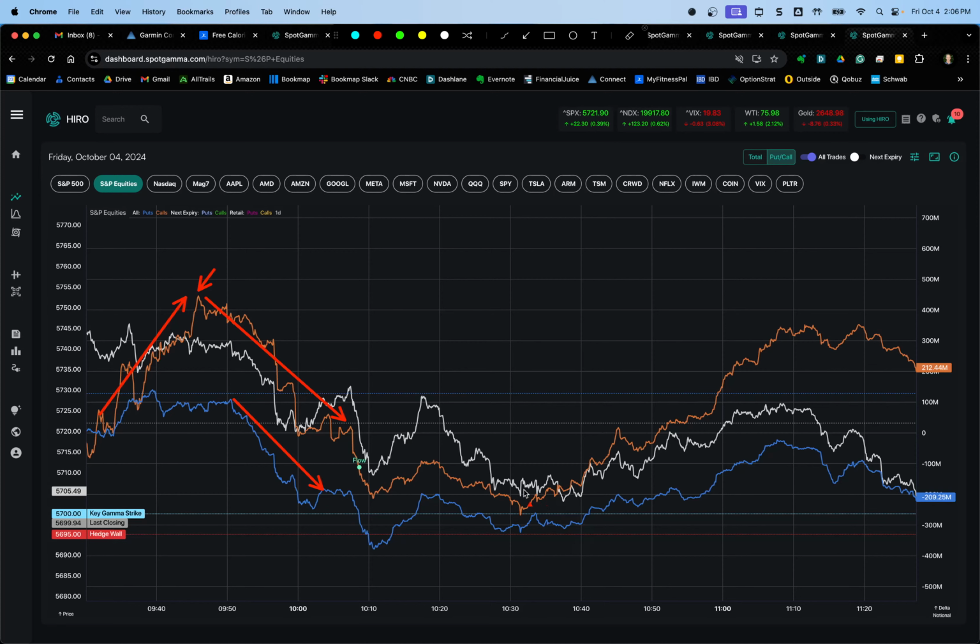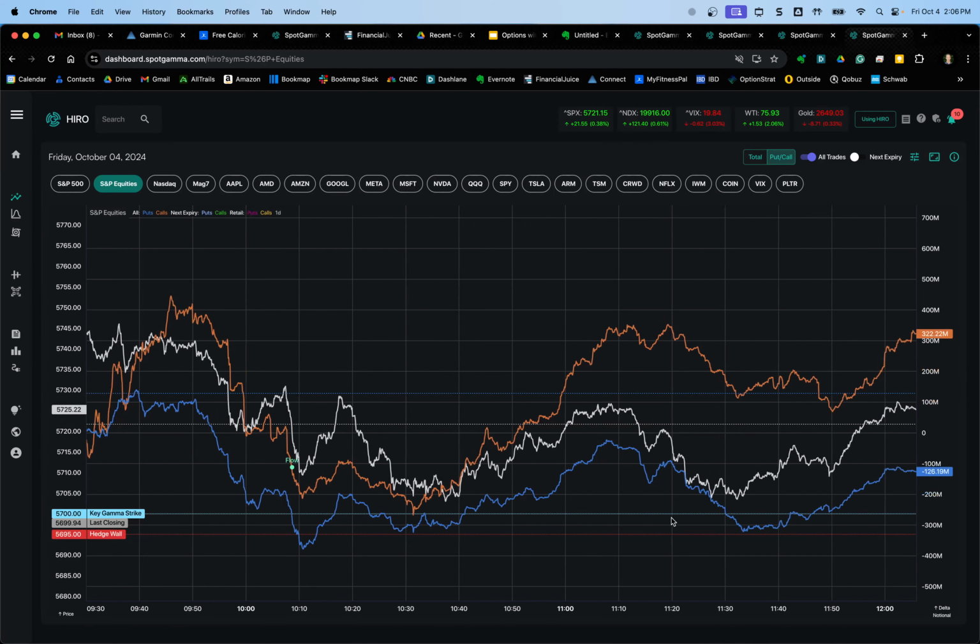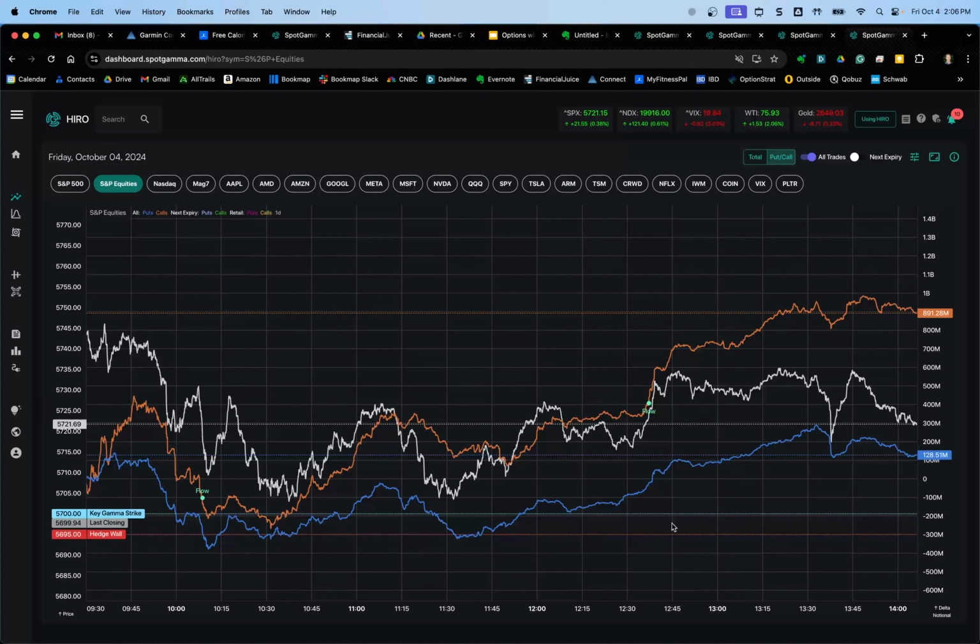And then right around 10:30, this is where, to my eye, the equity signal becomes more of a closer indicator to price. Traders start buying calls, selling puts, price moves higher, and starts just grinding higher. Let's go back to Bookmap.